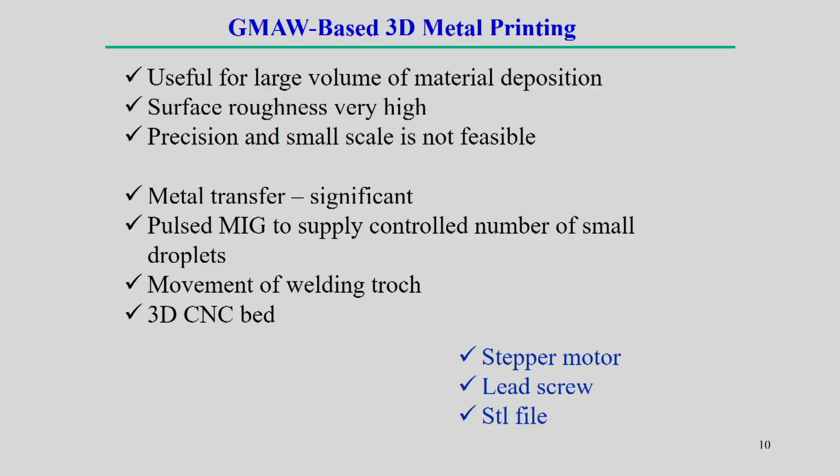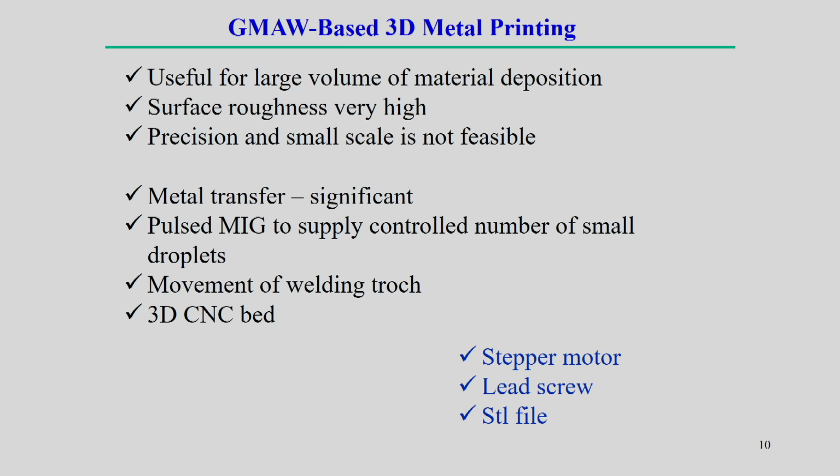But of course, we can look into either CMT or GMAW based metal printing processes in these cases. If you look at it overall, the metal deposition in the welding process is something we can control, but it may not be comparable.